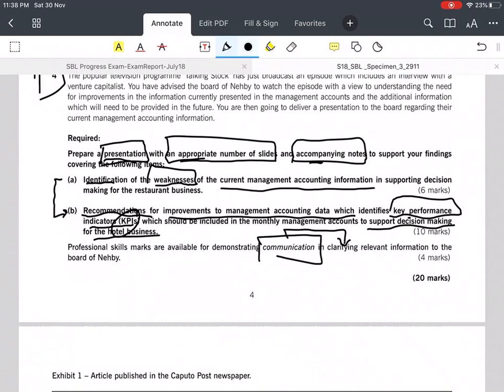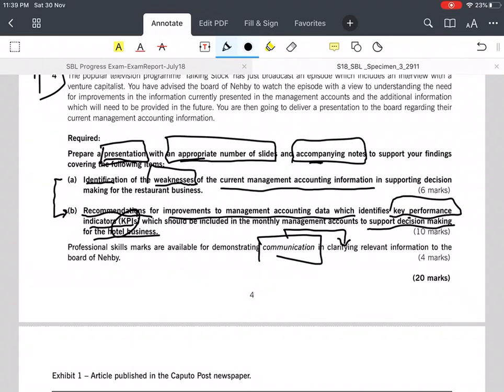From the financial perspective, you can also say that there may be variances given, which will show the sales price variance, the sales quantity variance, the material price variance, the material usage variance, which will enable the organization to see in which of the areas the business is performing better and which needs to be addressed.